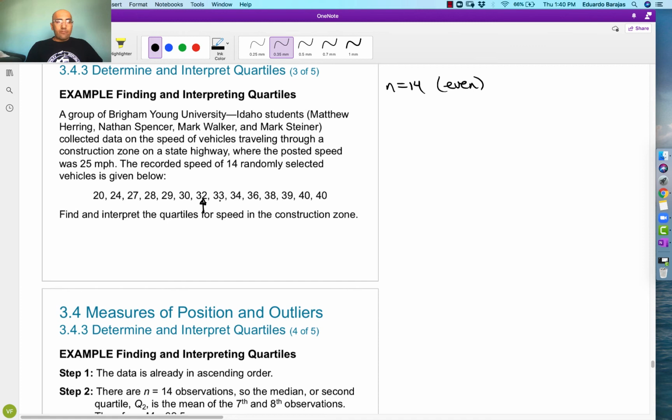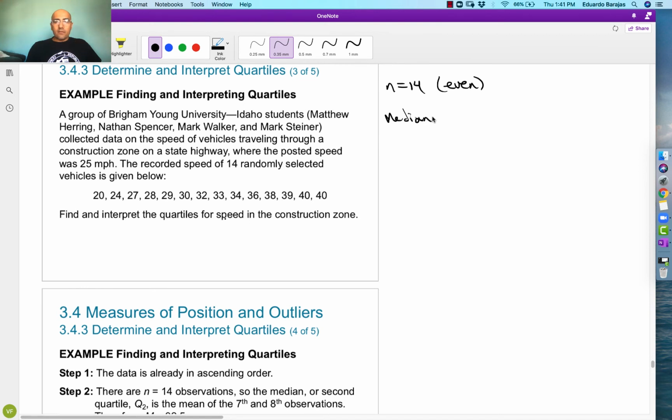Same thing if we switched it over here: 7 numbers to the left and 6 to the right. So when we have an even number of entries, we're not going to get a member value of our list that separates the lower half from the top half in a fair way.